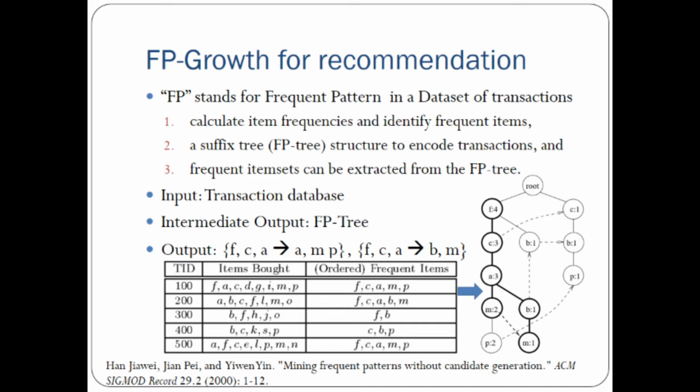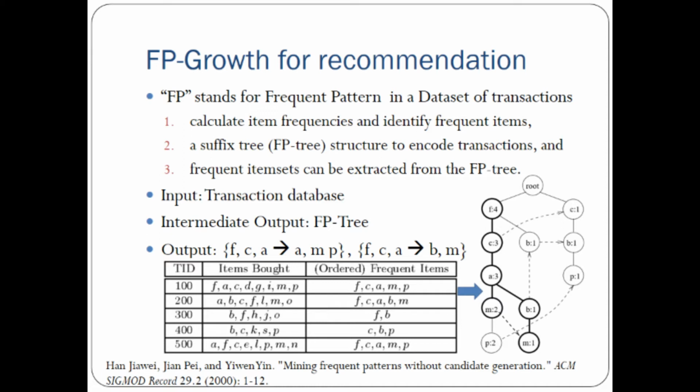Then we'll see the parallel version of this algorithm. The frequent itemsets are extracted from the FP tree so that you can have the ordered analysis. For FP growth, the input is the transactional database that we had seen, the item baskets, and then you create the FP tree as the intermediate output, and then draw rules with the help of rule analysis.